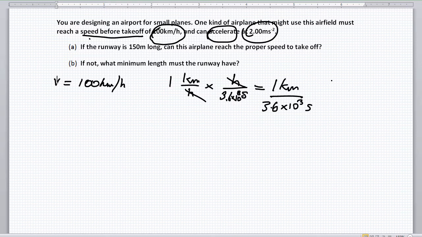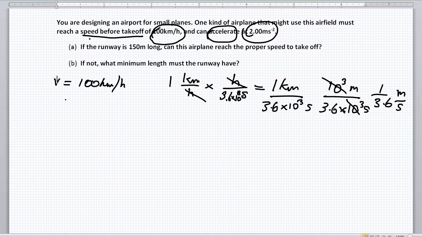So all I do is I say 10 cubed meters over 3.6 times 10 cubed seconds. The 10 cubes cancel, and I'm left with 1 over 3.6 meters per second. So in order to convert from kilometers per hour to meters per second, I just divide by 3.6.